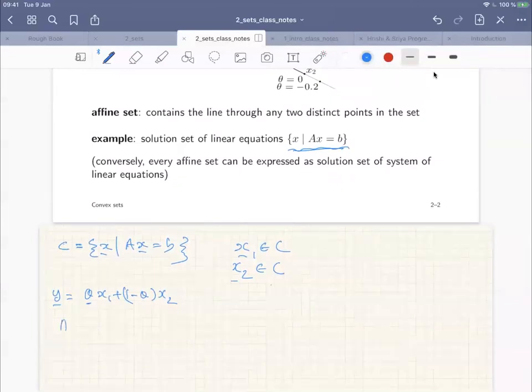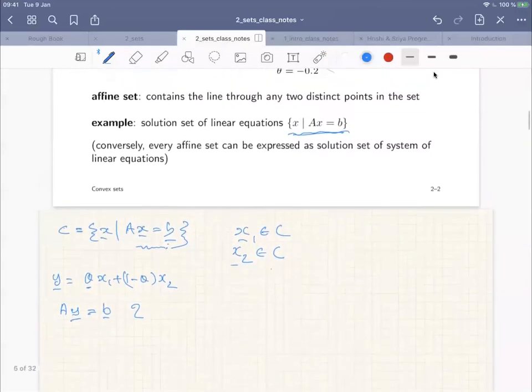So we are observing whether A y equals b, right? Because if A y is equal to b, then it satisfies this equation here, and then y is in the set C. So let's see what A y is.